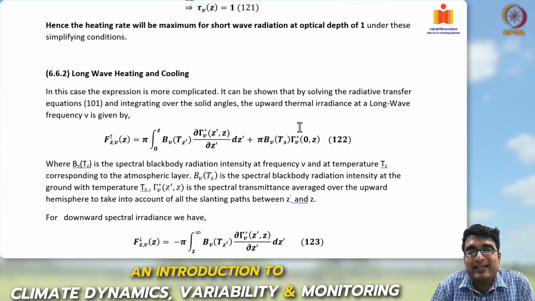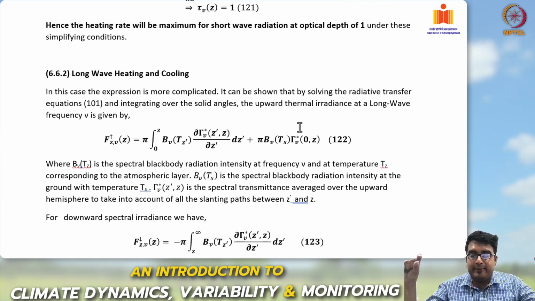Next, we look at the long wave heating and cooling. Here the radiative balance equation at any layer of atmosphere will include not only the absorption of the radiative flux coming to that layer, but also radiative cooling due to emission from that layer. And we have to integrate that over all the solid angles.